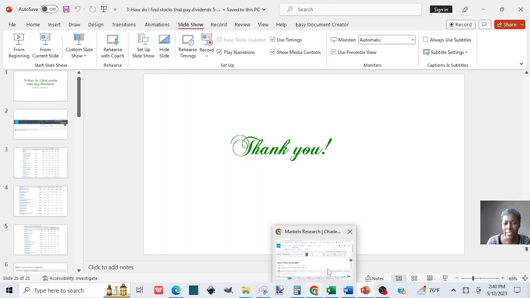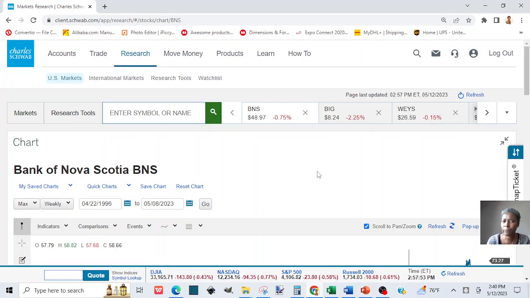So if you are interested in investing in dividend stock, you can do that if you have a good brokerage firm that you like.